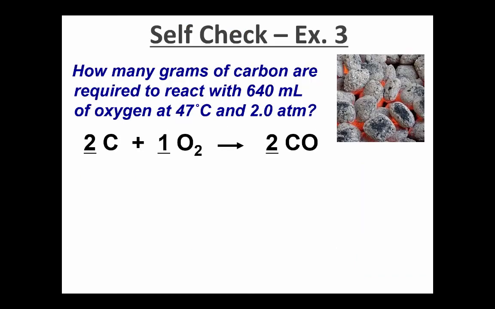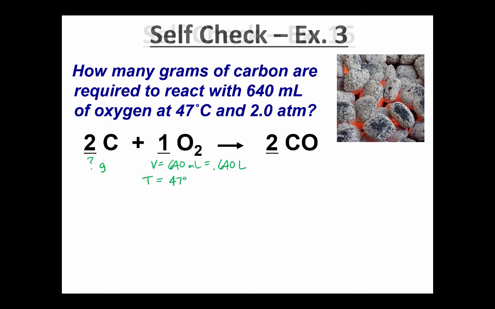Let's try one. How many grams of carbon are required to react with 640 milliliters of oxygen at 47 degrees Celsius and 2 atm? We're looking for grams of carbon, and we're given 640 milliliters, or 0.640 liters of oxygen.